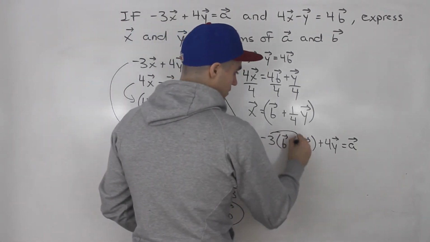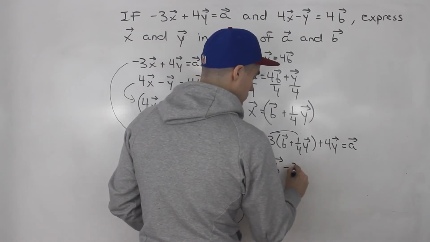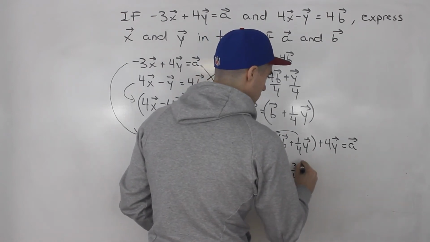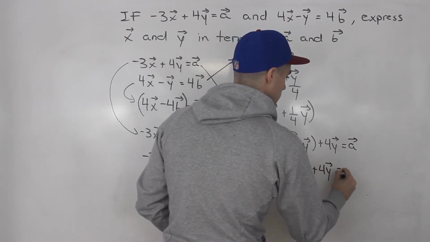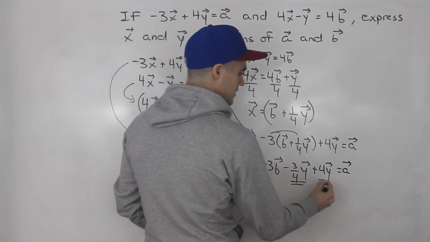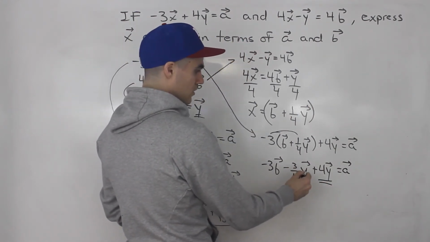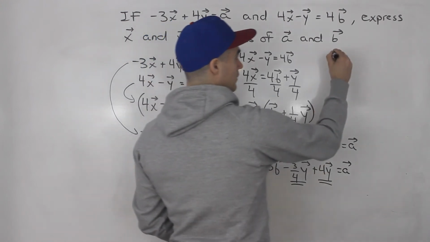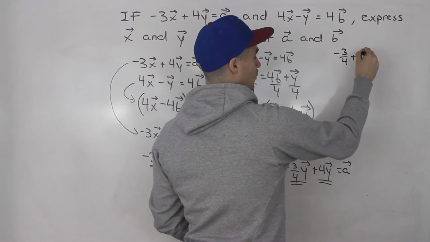So distributing inside the bracket, negative 3 times vector b minus 3 over 4 times vector y plus 4 times vector y is equal to vector a. Notice these are like terms here. So negative 3 over 4 plus 4, that is like 4 over 1.